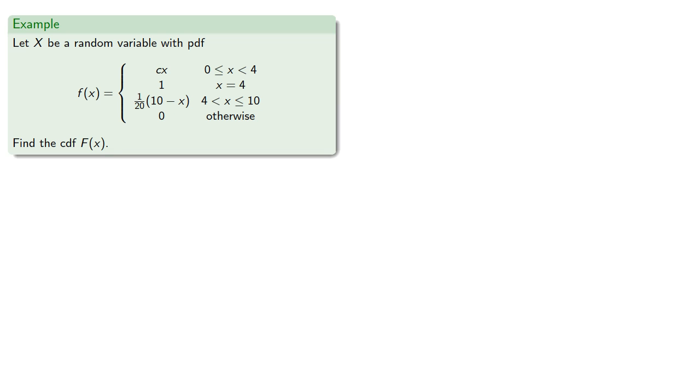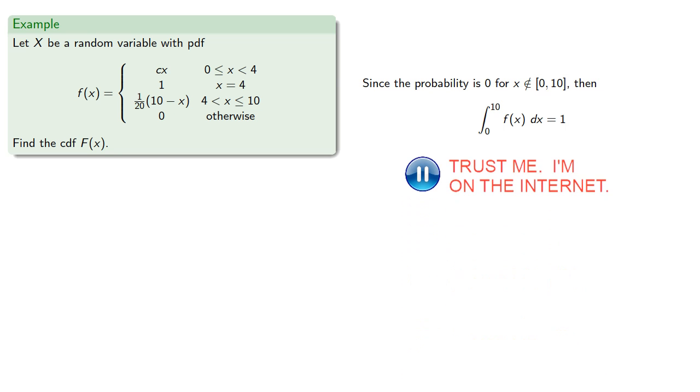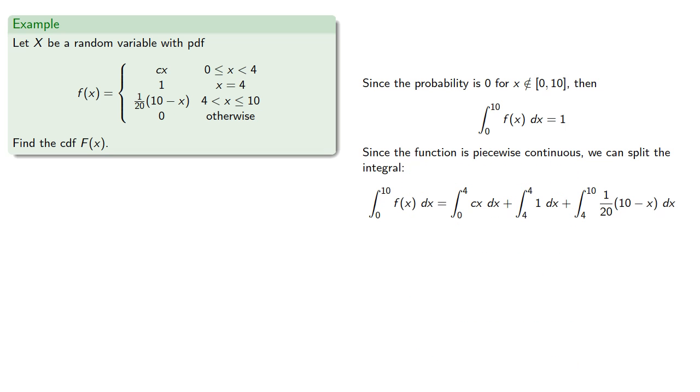Let's find our CDF. Since the probability is 0 for any x not in the interval from 0 to 10, then we know that the integral over this interval has to be 1, since outside the integral is going to be 0. Since the function is piecewise continuous, we can split the integral.